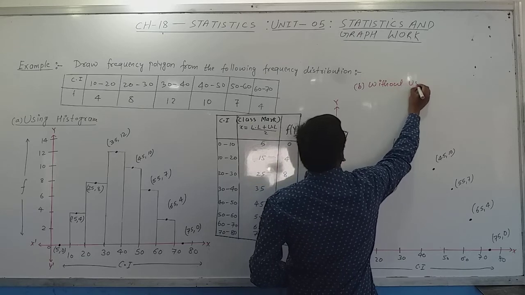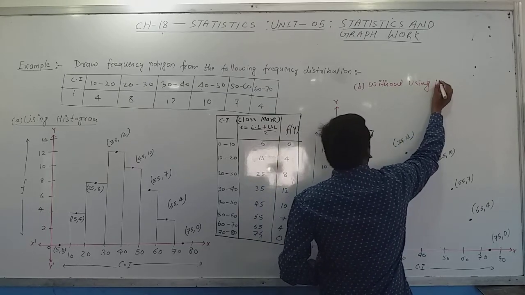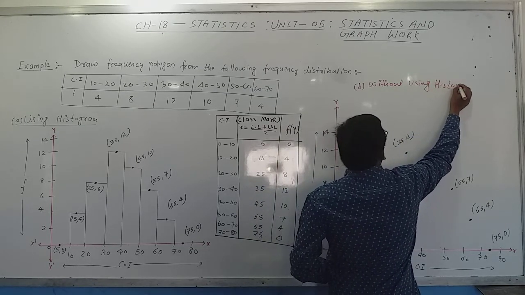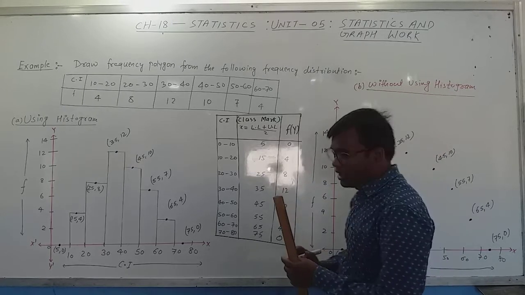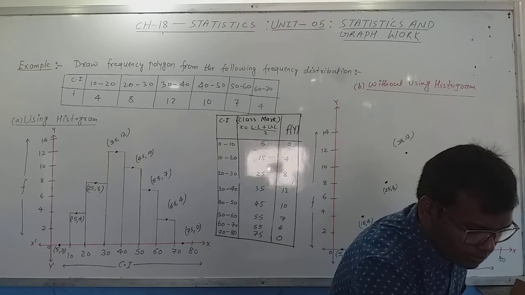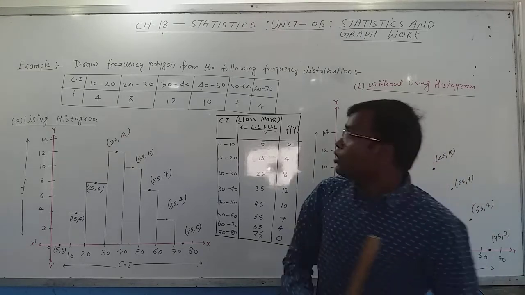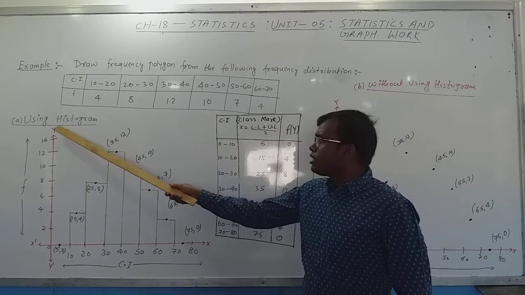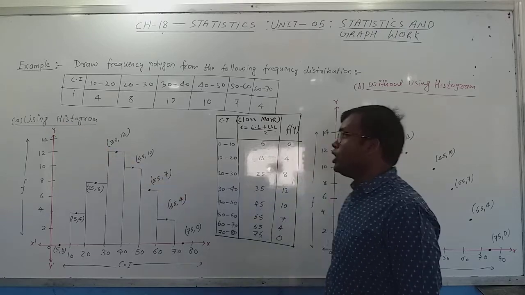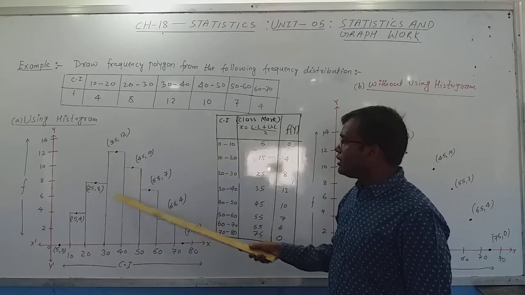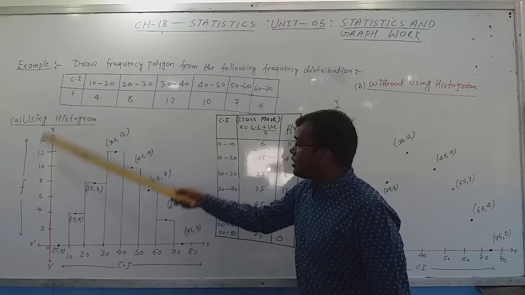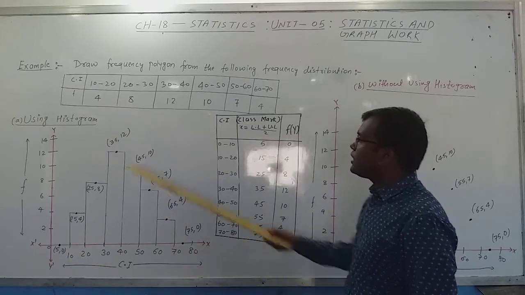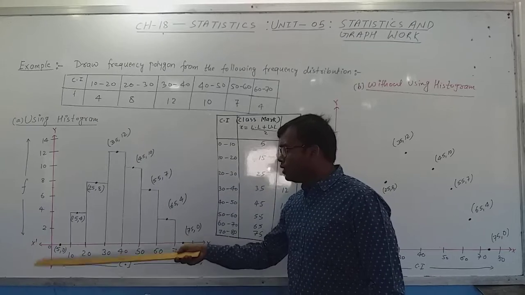Without using histogram. Okay, so see here, the first I have constructed over here using the histogram. So first all of you plot this histogram, with class interval along the x-axis and frequency along the y-axis.